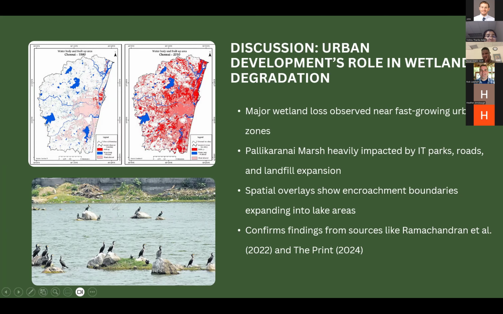You can see here in 1980, this was the overall built-up area of Chennai. But in 2010, it pretty much spilled over all the regions of Chennai. And here you can see this tiny little region over here. It's slowly starting to take over lakes and wetlands. And this picture clearly explains that situation.